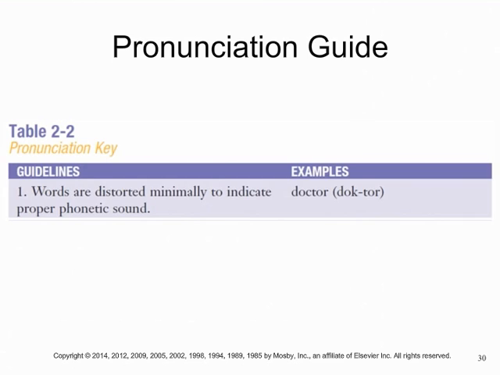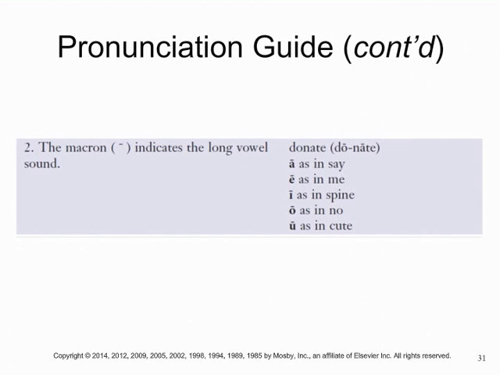So for example, doctor, the C sounds like a K, or in other words, the C could sound like an S. So they're spelling it out for you. The second rule is kind of making you go back to first grade English. A macron, which is basically the straight flat line above a vowel, just means that it's going to have that long vowel sound.